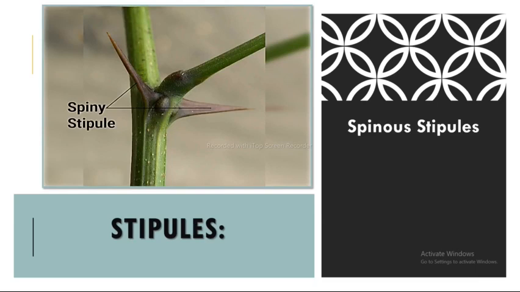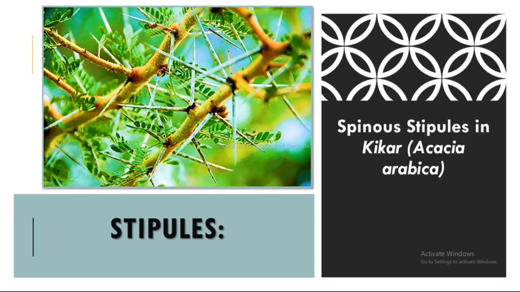The next type of the stipule is the spiny stipule. As the name suggests, these are modified into spines, and these are mostly present in kikar, and kikar is known as Acacia arabica. So these are the spinous stipules in kikar or Acacia arabica as shown in the figure.